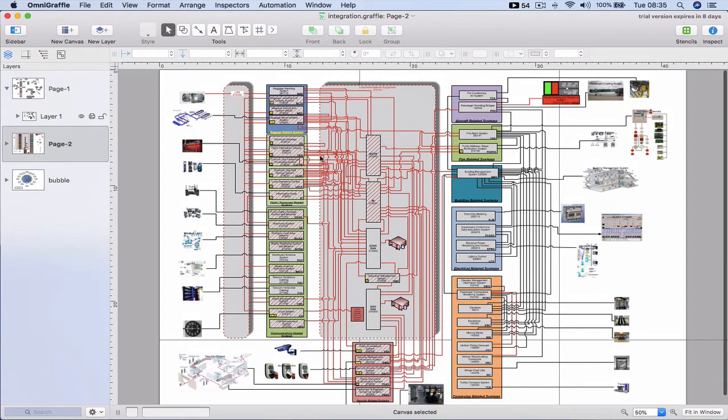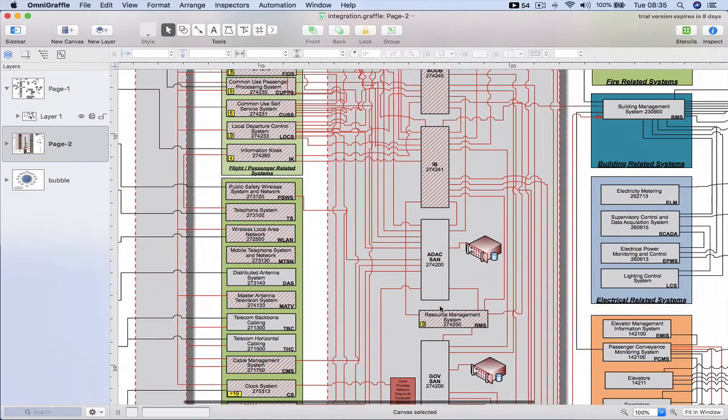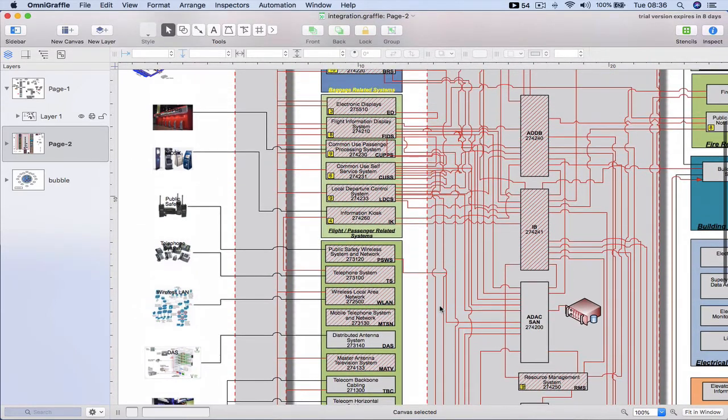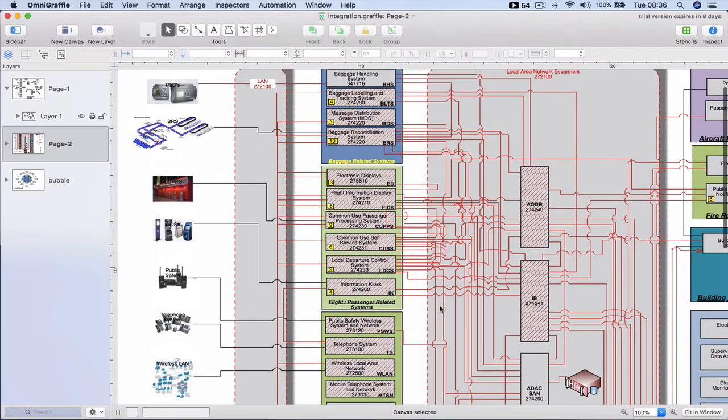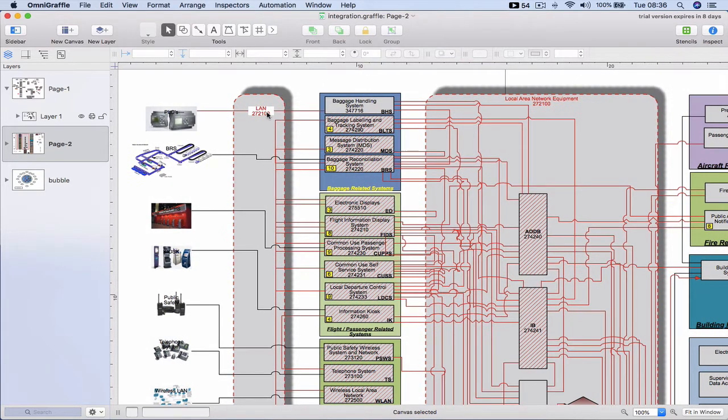So what we did with this, and I'll make it a little bit bigger, this had two functions. Because it was a tender document, we'll take the nice simple one: we have a baggage reconciliation system that's got a link into the baggage handling system here.